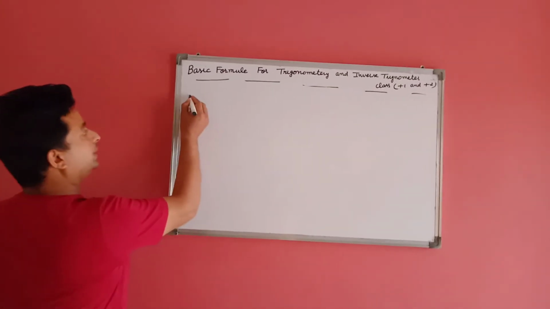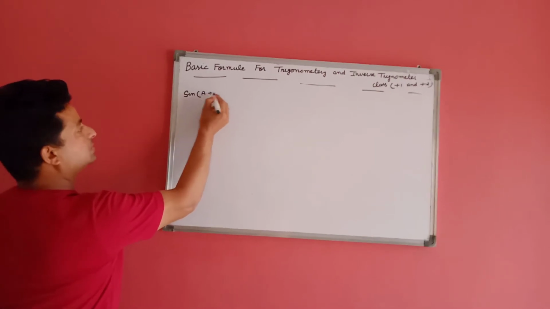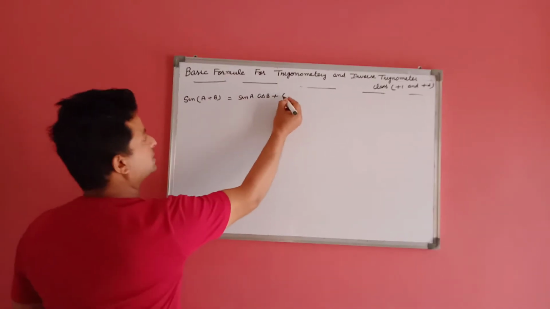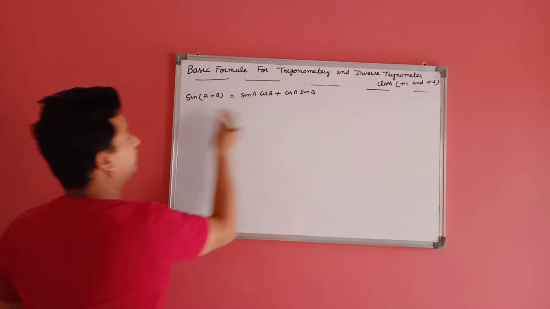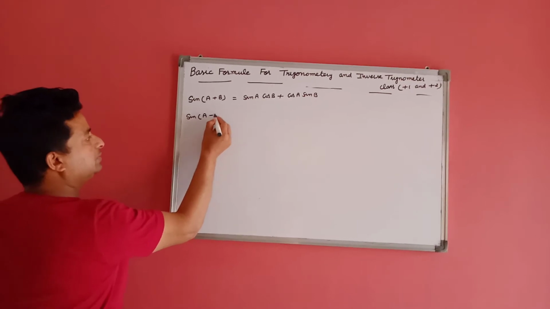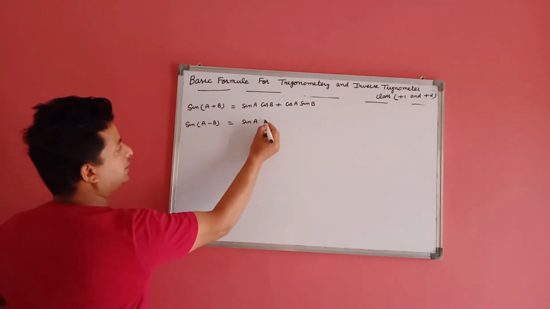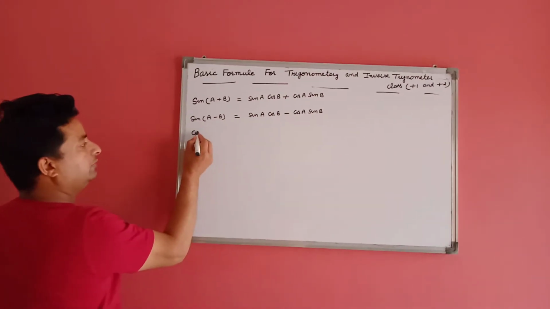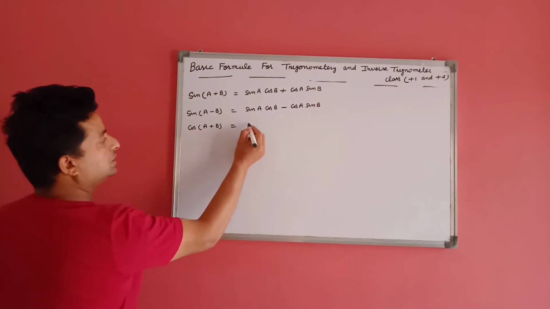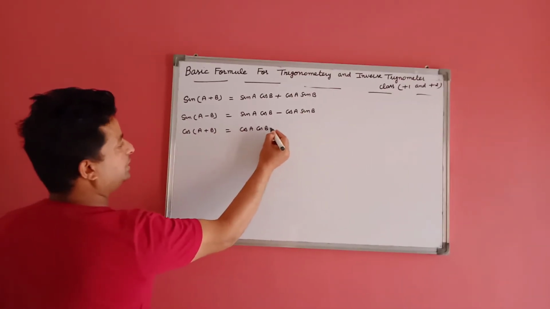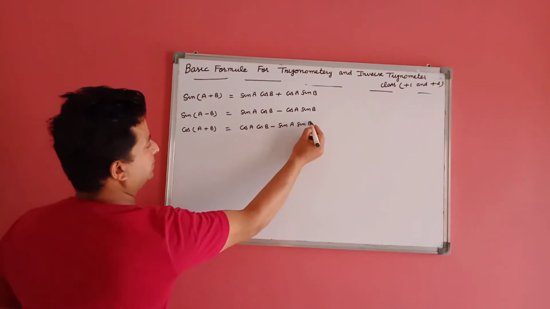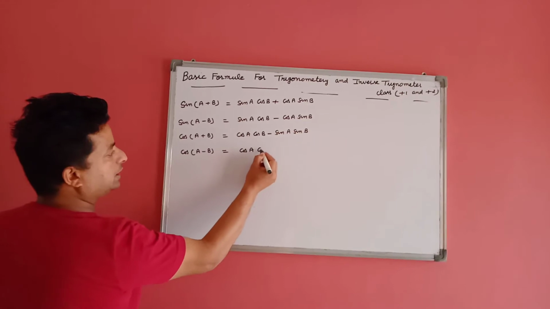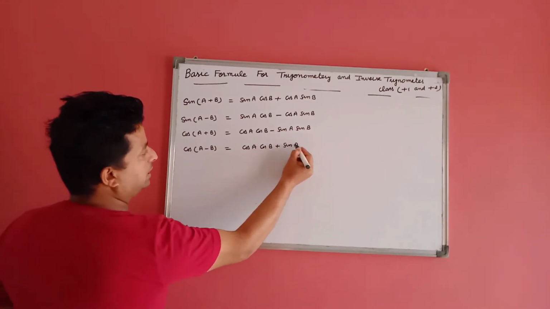In this the first formula is sin(A+B), which equals sin A cos B plus cos A sin B. Second one is sin(A-B), which equals sin A cos B minus cos A sin B. Third one is cos(A+B), which equals cos A cos B minus sin A sin B. The next one is cos(A-B), which equals cos A cos B plus sin A sin B.